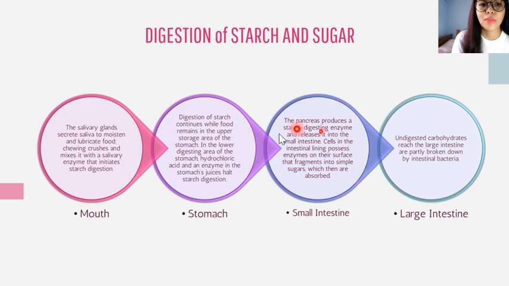In the small intestine, the enzymes responsible here are your pancreatic amylase, which transforms your starch into maltose, and then your maltase, which would transform your maltose into glucose, and then your lactase, which will transform your lactose into glucose and galactose.